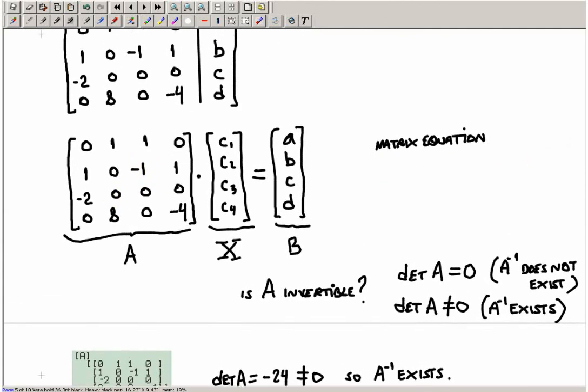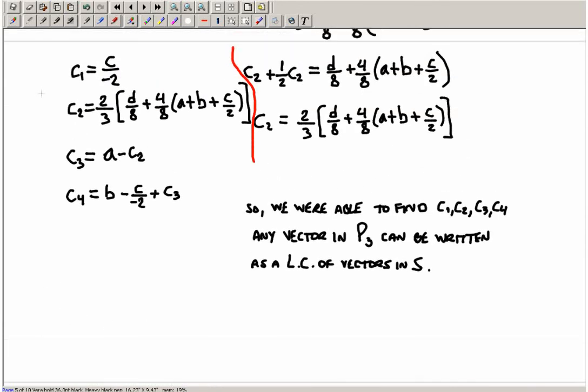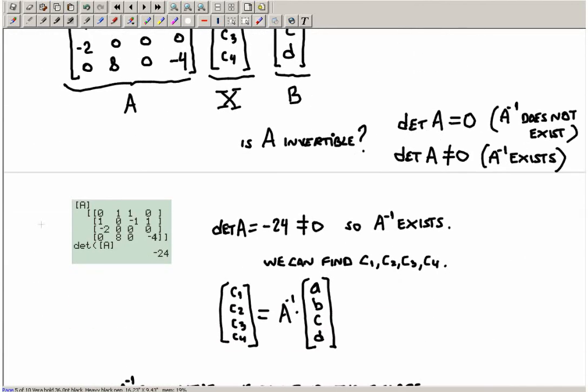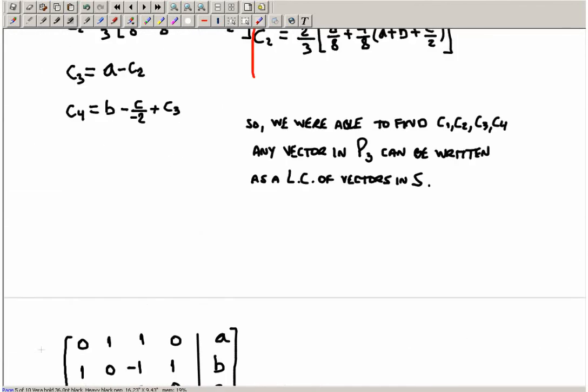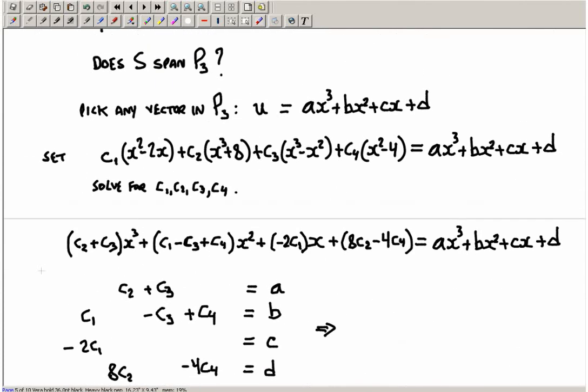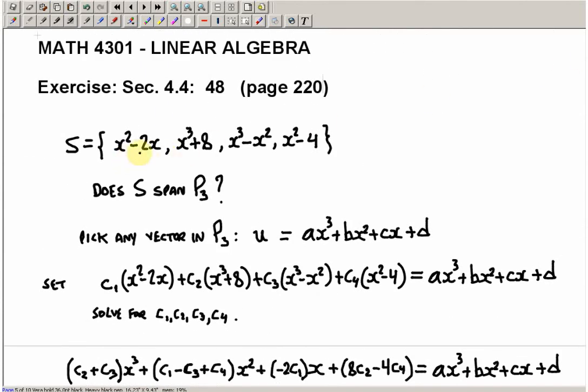Okay, let's look at the big picture. What are we doing here? We have 4 vectors in S. We want to know if S spans P3. How do we do that? Pick a general vector, any vector in P3, and then see if we can write it as a linear combination of those 4 vectors in S. And then form a matrix, a system. You can try to solve it by hand.